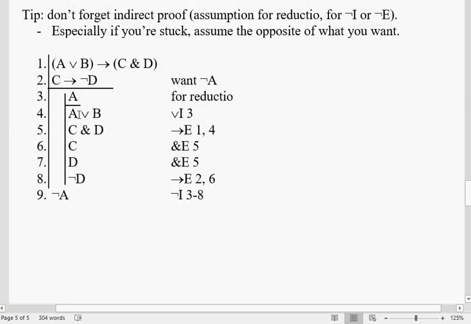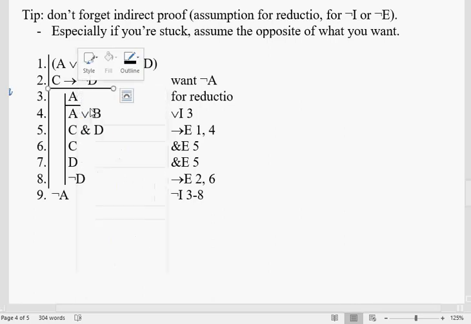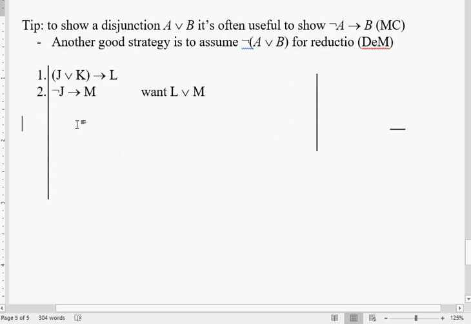Copy this perhaps up here, paste it down here. Okay. So I have if J or K, then L, and I have if not J, then M.